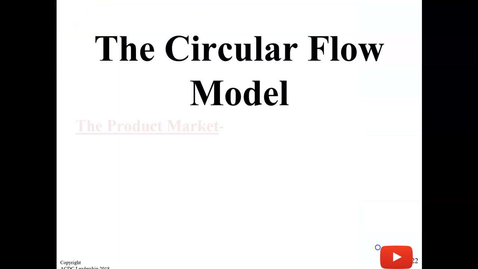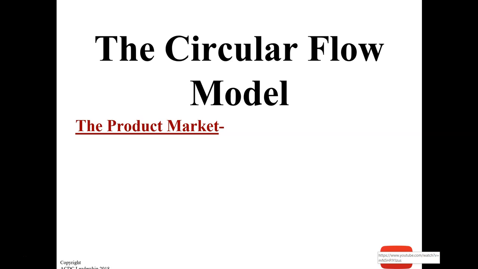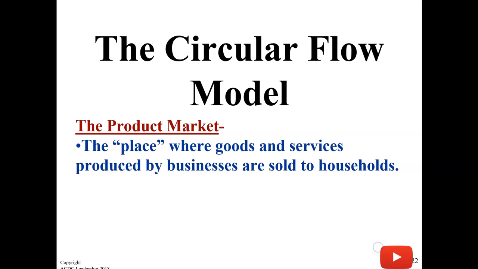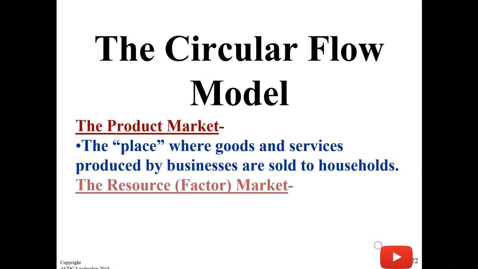The circular flow model is a concept that's more covered in macroeconomics than microeconomics, but it's useful to at least be introduced to it in microeconomics. The product market is the place where goods and services produced by businesses are sold to households.